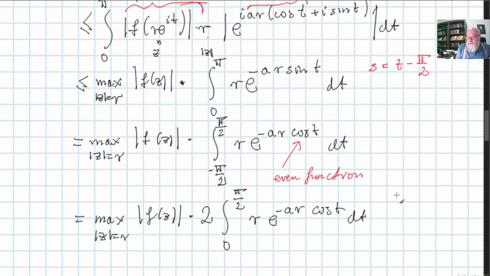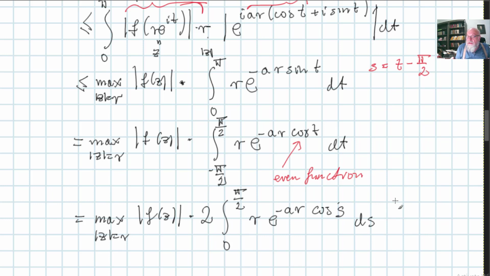So let's do another change of variable. This time I put it like this. Maybe I should be more careful. This will be t becomes s, and now another change of variable.